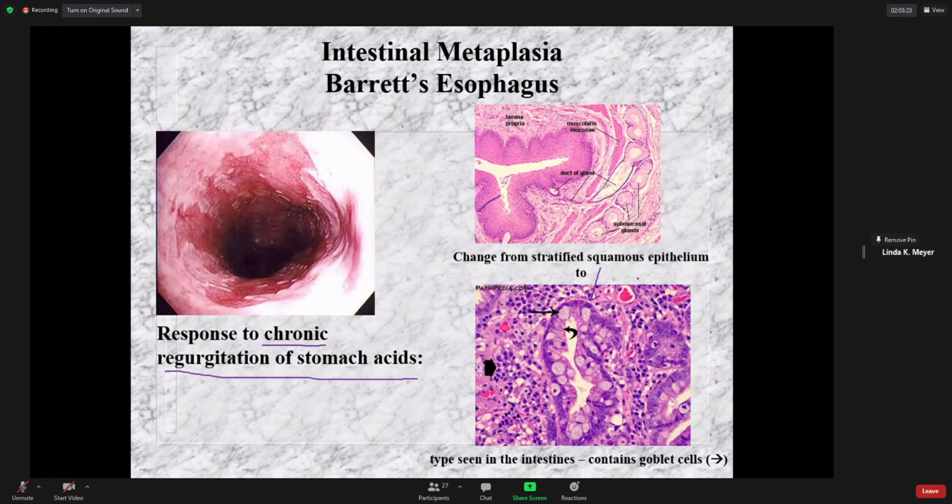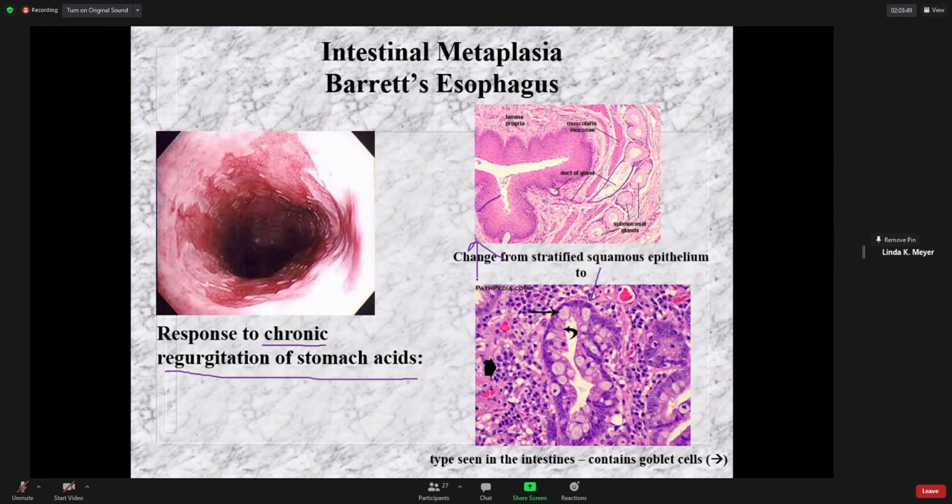If this chronic exposure to stomach acids is resolved, the esophagus can reverse and change back to normal. So the point I'm making is that these are still normal types of tissue changes, and they're reversible.